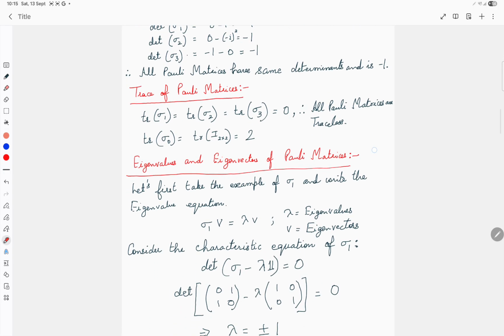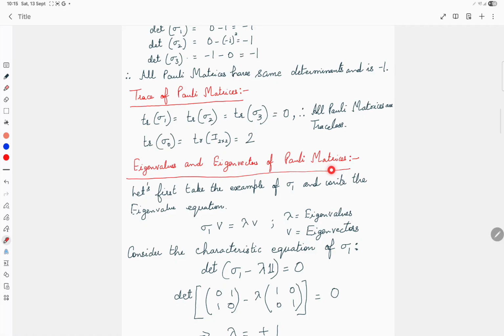If you try to find out the eigenvalues and the eigenvectors of the Pauli matrices, let us try to solve it for sigma 1 first and write the eigenvalue equation. So sigma 1 v equals lambda v, where v is the eigenvector and lambda is the eigenvalue.